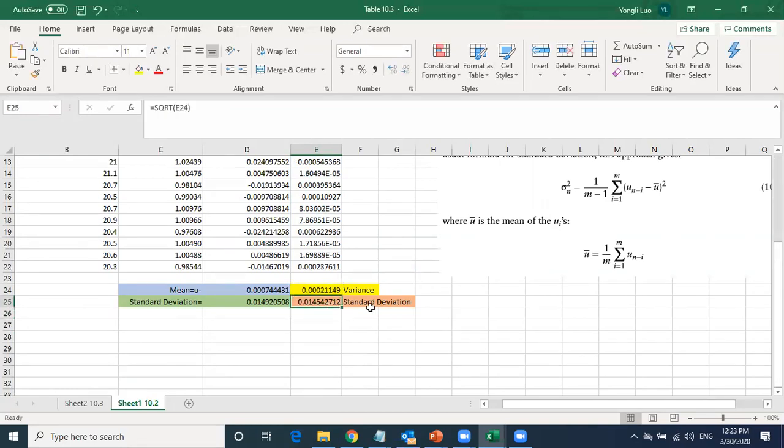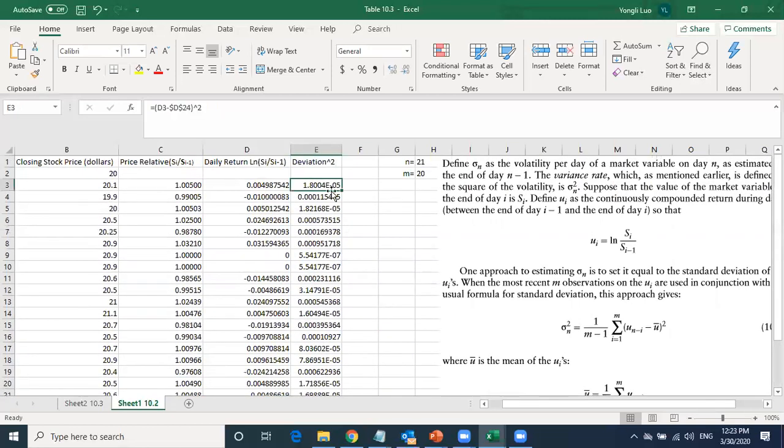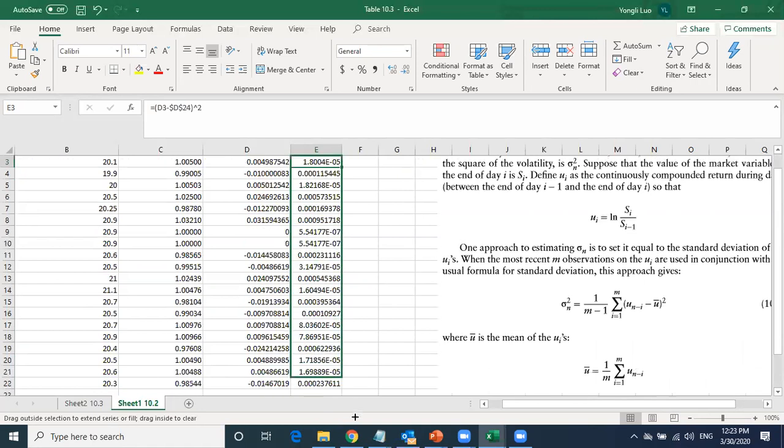Remember, this standard deviation is also your return. So you drag all the way down here.